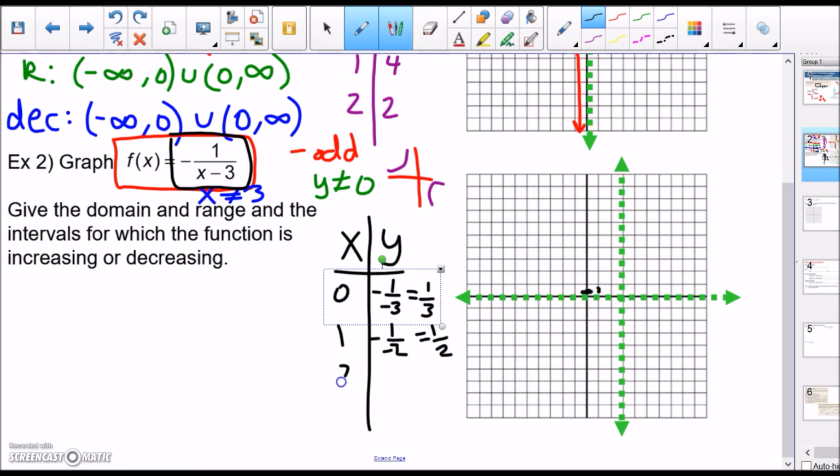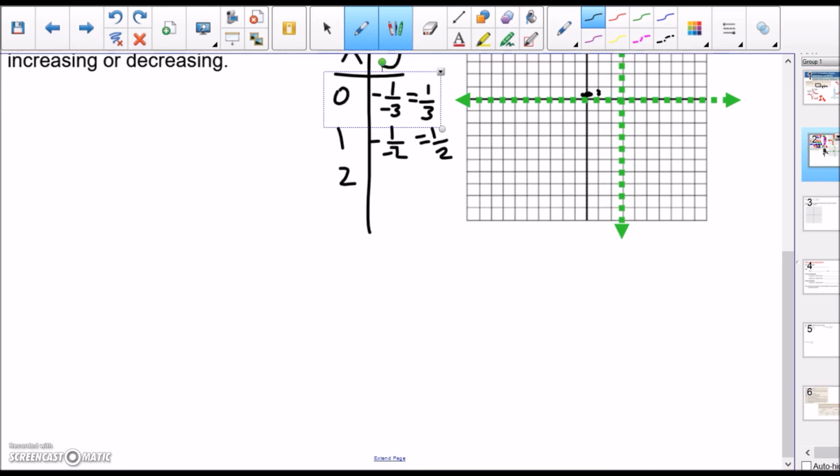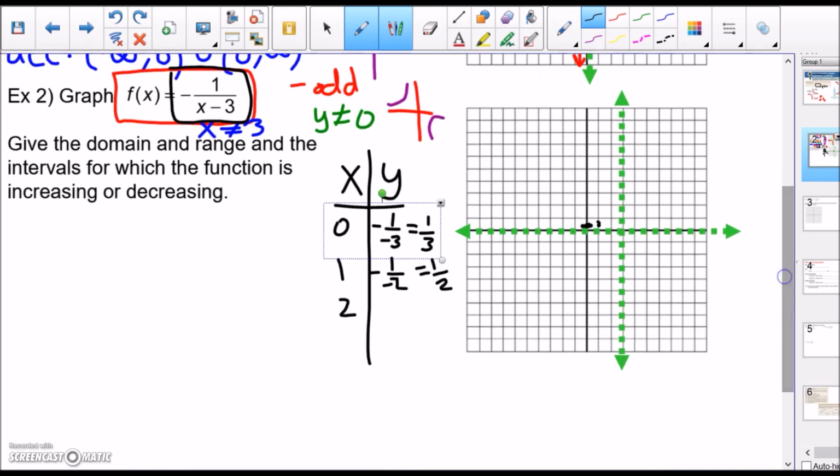And let's plug in 2. Negative 1 over 2 minus 3 is negative 1. That's going to be 2, 1. Okay, I can see what this looks like. This is going to be something like that.